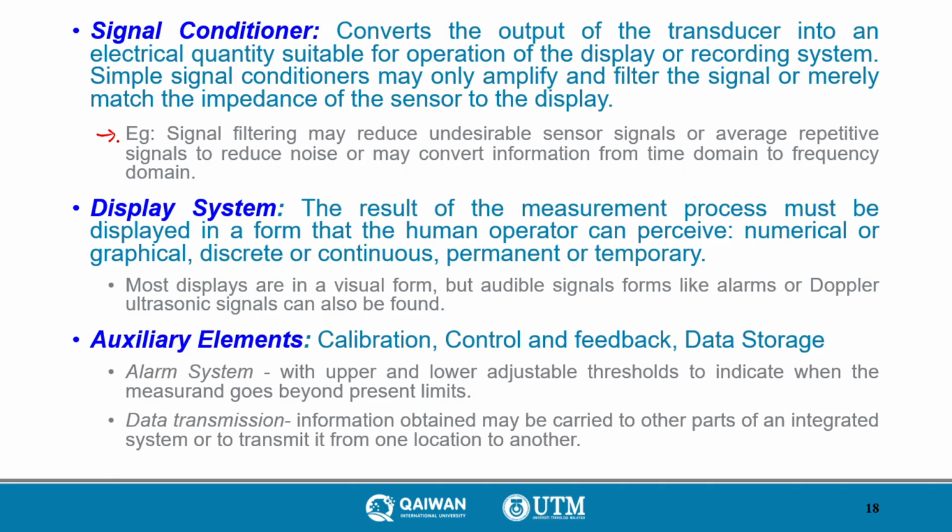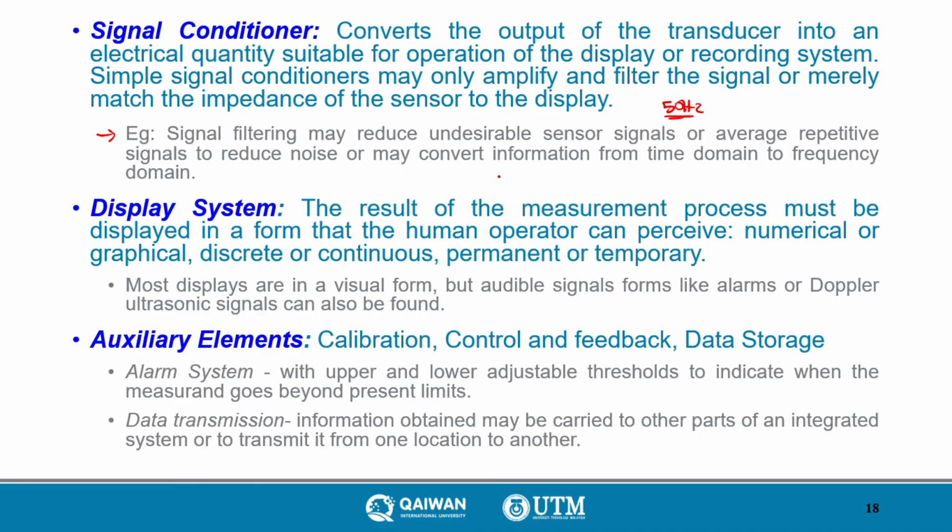We have an example here. Signal filtering may reduce undesirable sensor signals, or average repetitive signals to reduce noise, or may convert information from the time domain to the frequency domain. For example, we have the notch filter, which is used for removing the 50 hertz noise.